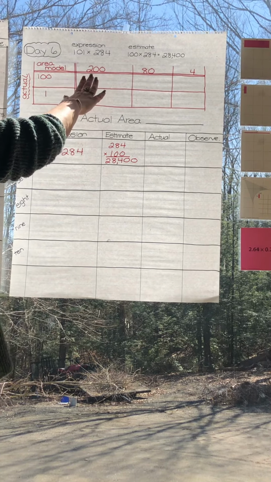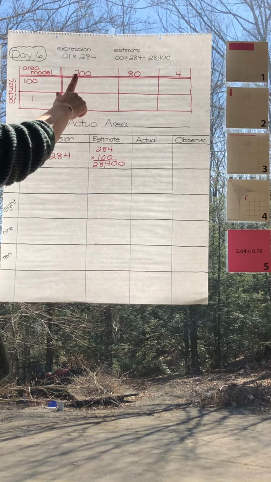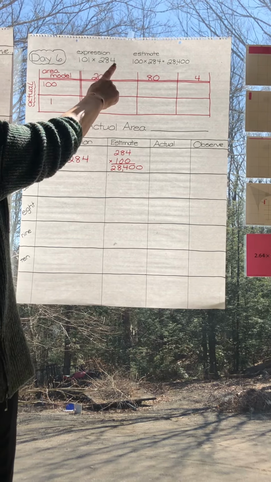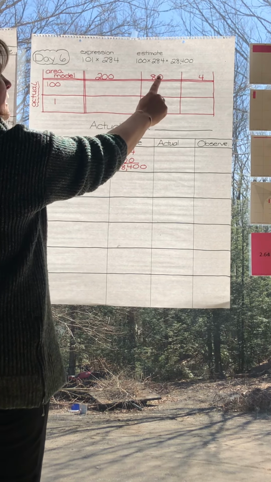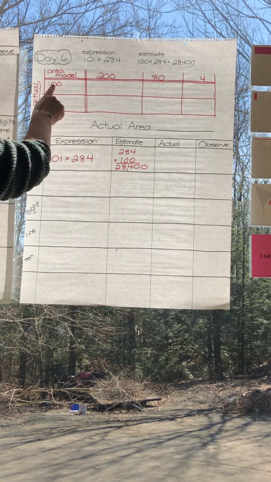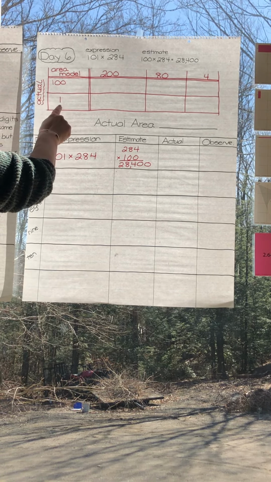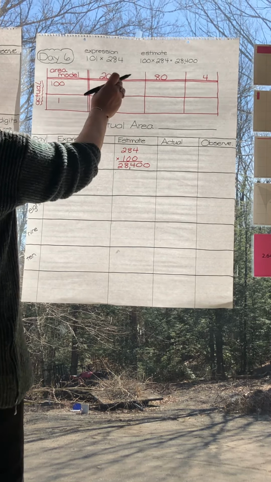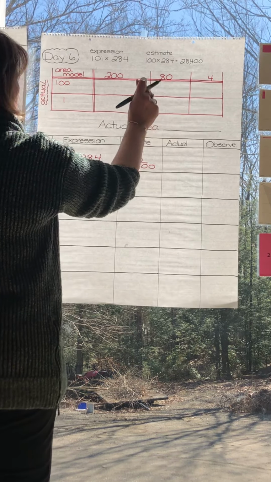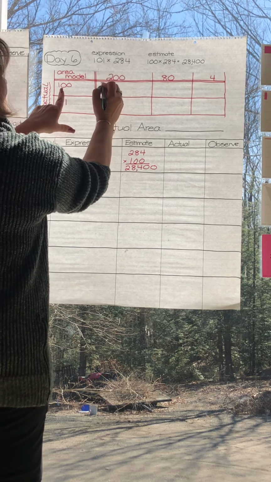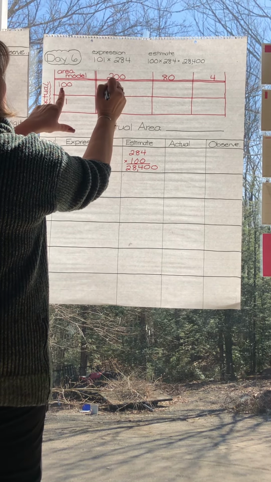The area model allows you to break down the factor by all of its place values. 284 becomes 200, 80, and 4. 101 becomes 100 and 1, and then you multiply them together. So you're finding the area of each one of these sections. So 200 times 100, 2 times 1 is 2.